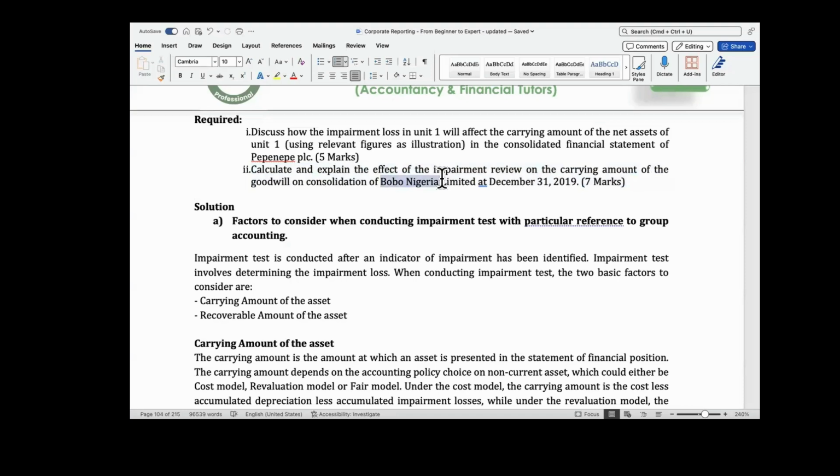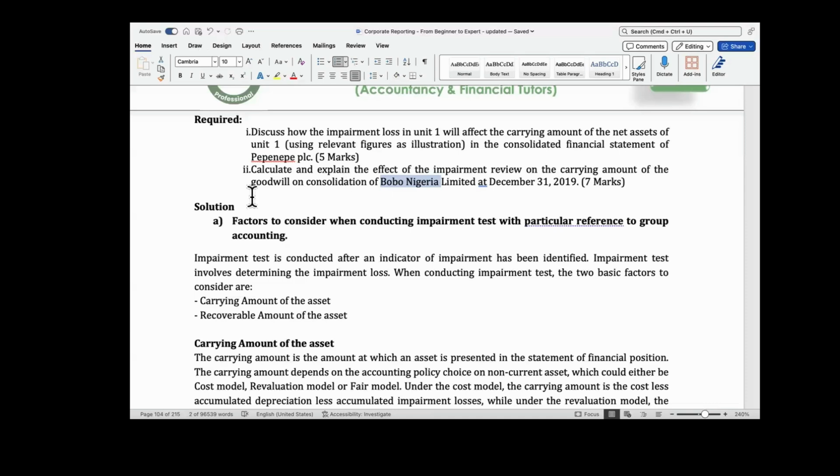Just please give me a few seconds. So, how do we achieve that? Just like we have done before, I did some explanation first on how impairment loss is allocated to CGU, to physically damaged assets, to goodwill, and then to other assets.